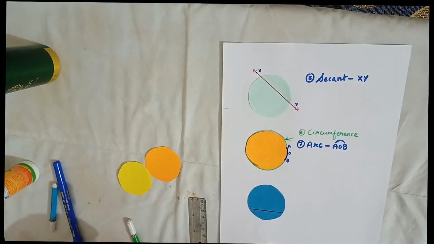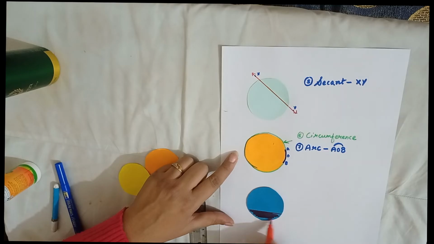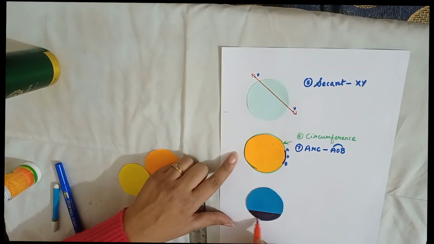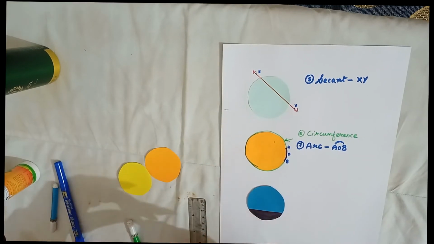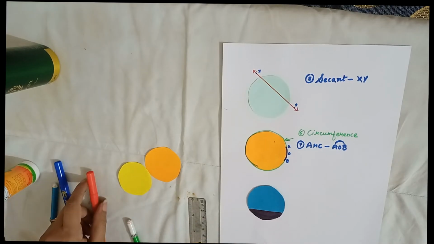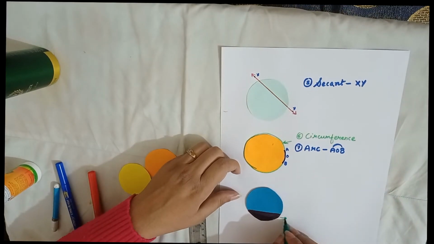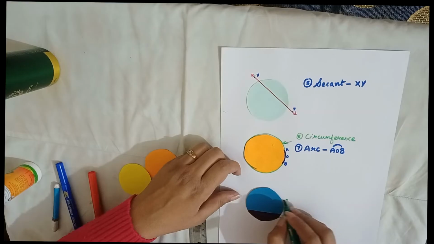Now I am going to shade the down one. So the shaded portion, the portion distinguished by the chord, the shaded portion, which is the smaller one. Always the smaller portion is known as the minor, and the bigger portion is known as the major.